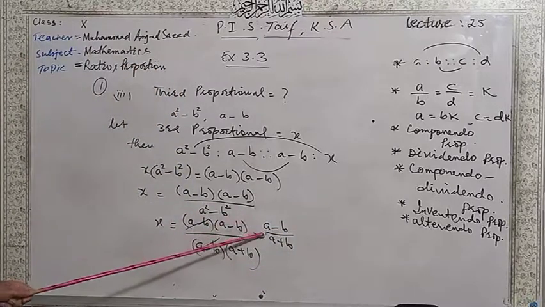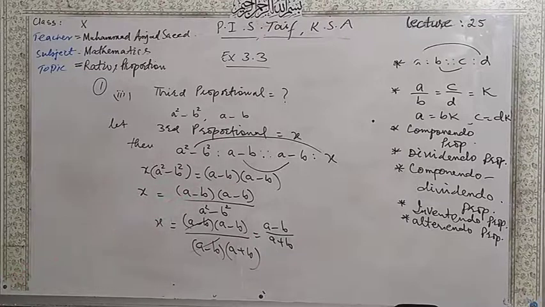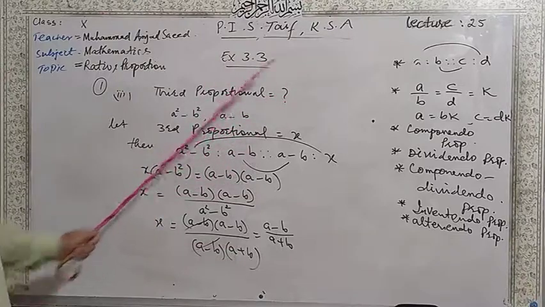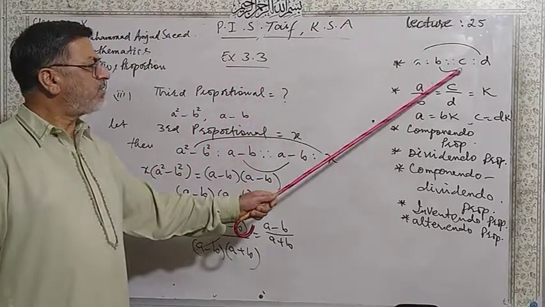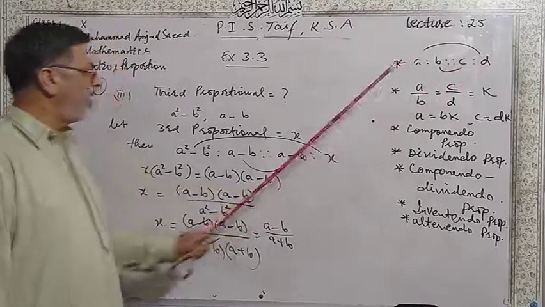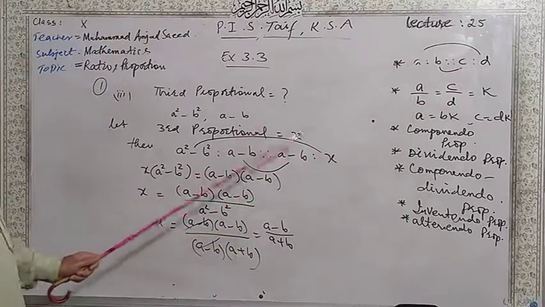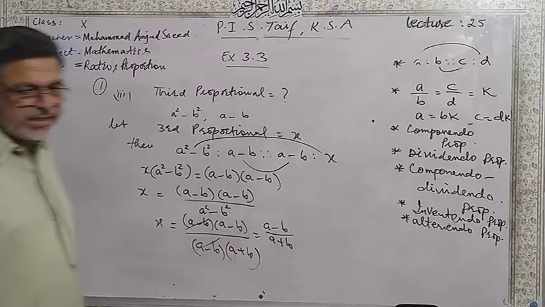So this is your required answer. So in this way you can find the third proportional. You will repeat the second member in place of third, and fourth will be occupied by our unknown value, that is x.